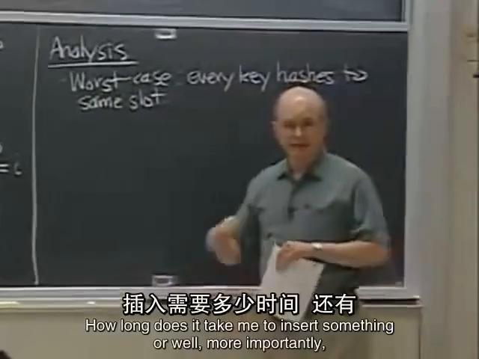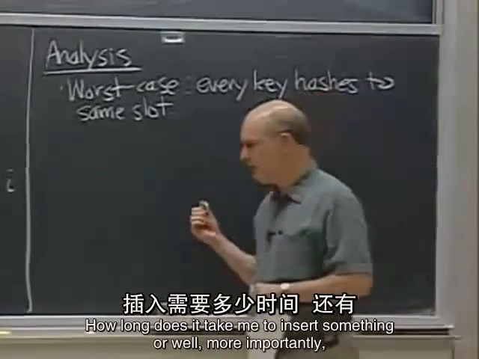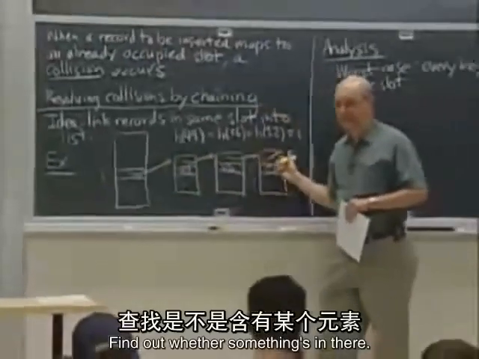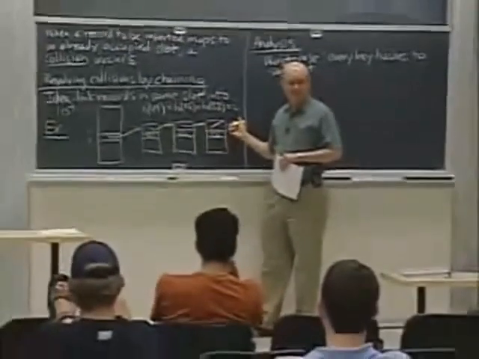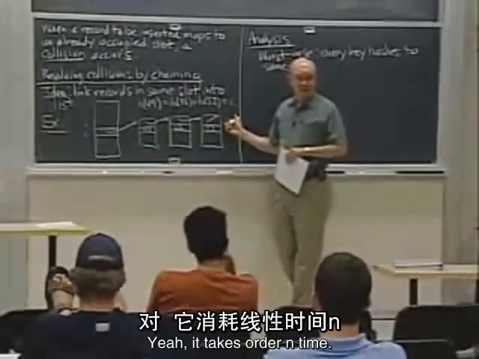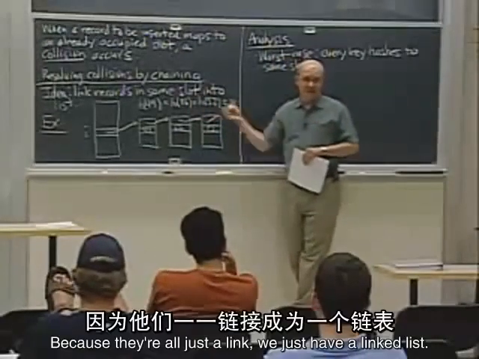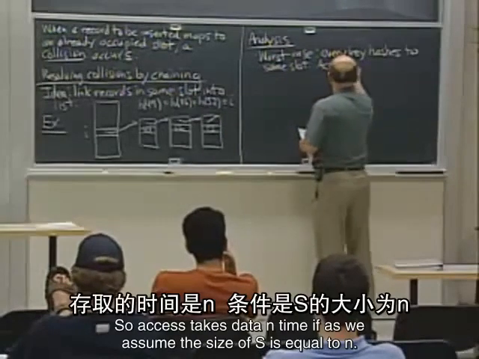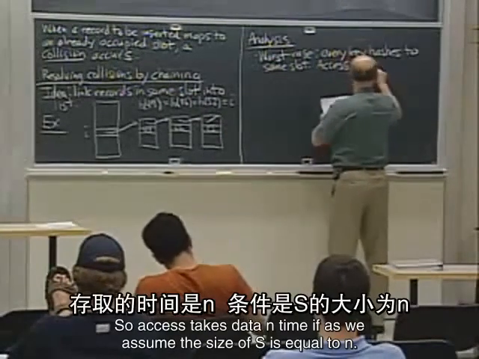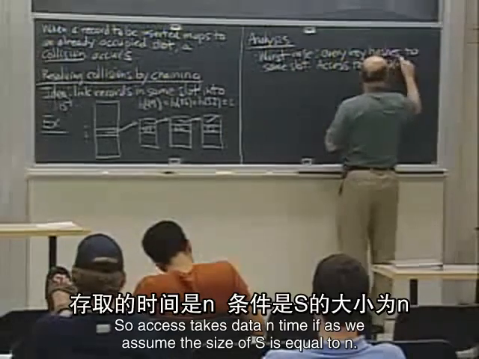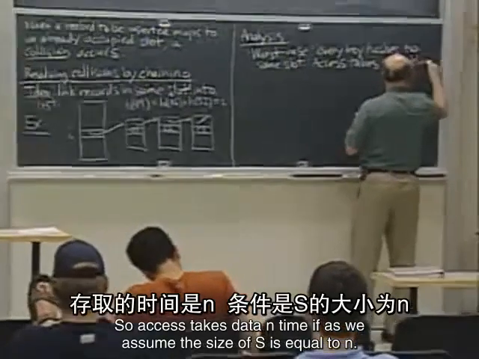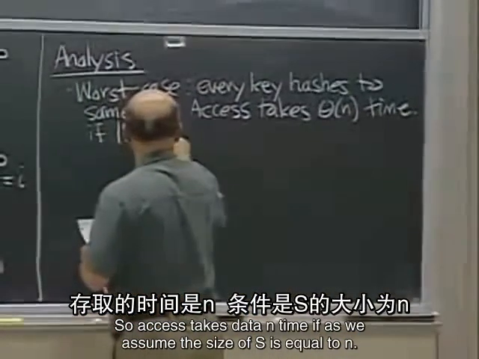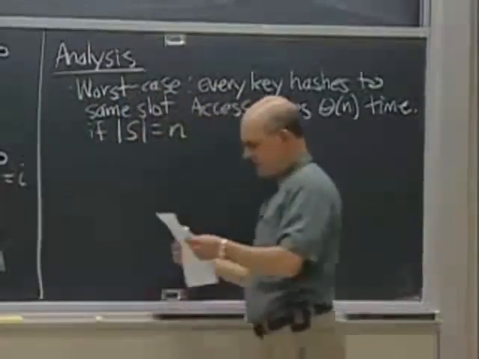How long does it take me to insert something, or more importantly, to search for something, to find out whether something's in there, in the worst case? It takes order n time, because we just have a linked list. So access takes theta n time if, as we assume, the size of S is equal to n.